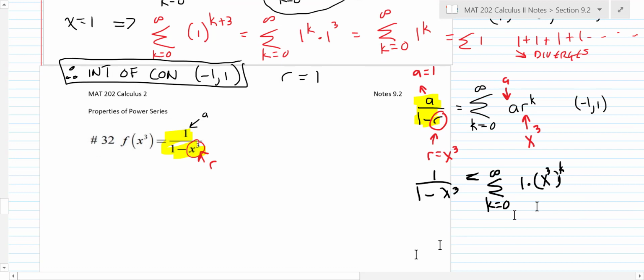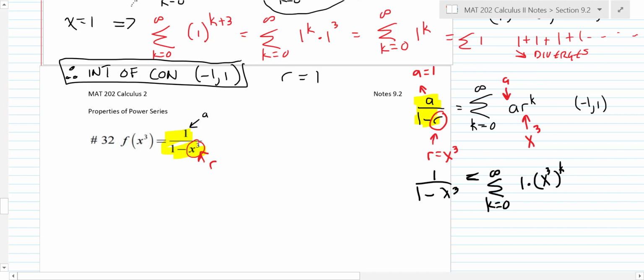See, this particular function can be written as that power series. Does that make sense? I'm doing straightforward substitutions. a over 1 minus r turns into 1 over 1 minus x to the third. Therefore, ar to the k turns into 1 times x to the third to the k. That's substitution. You have to make the connection of how they relate to a geometric series, then we can begin to put that together.